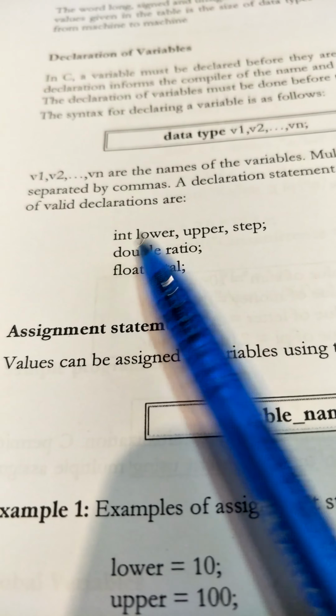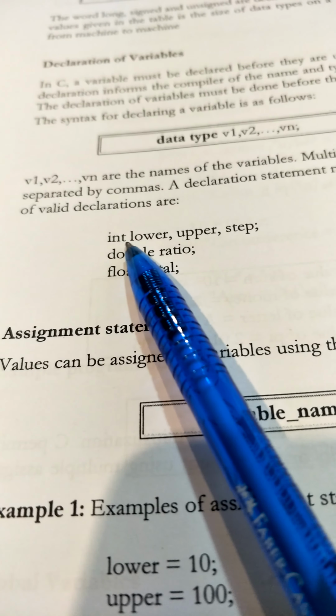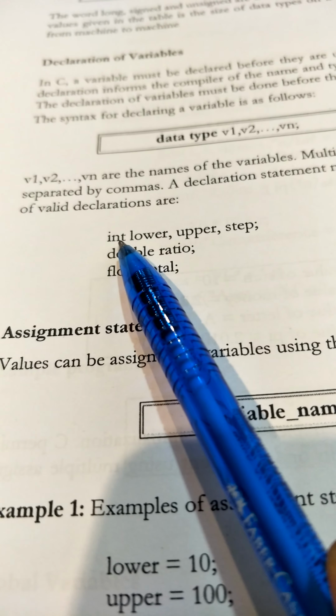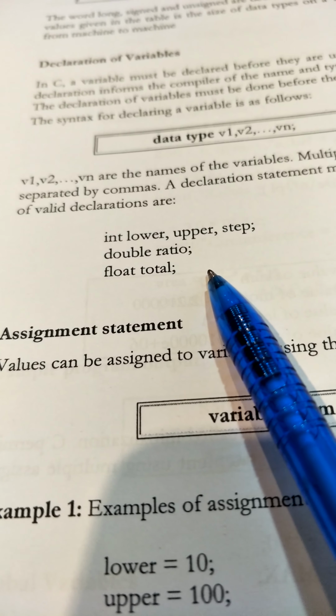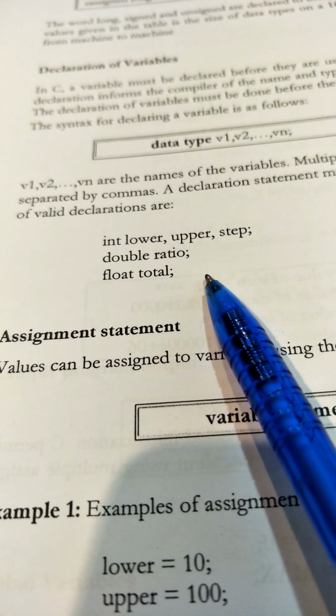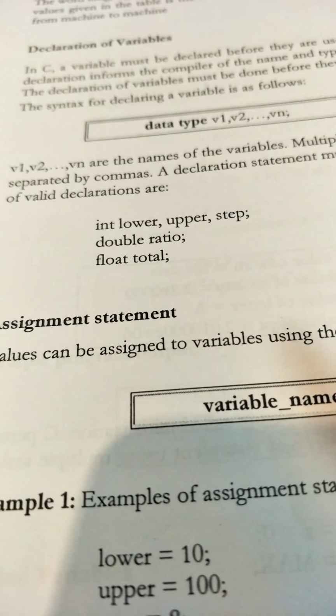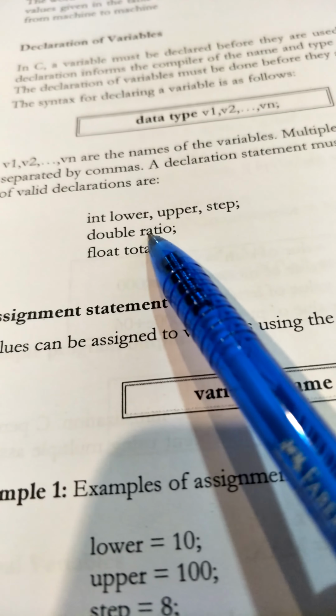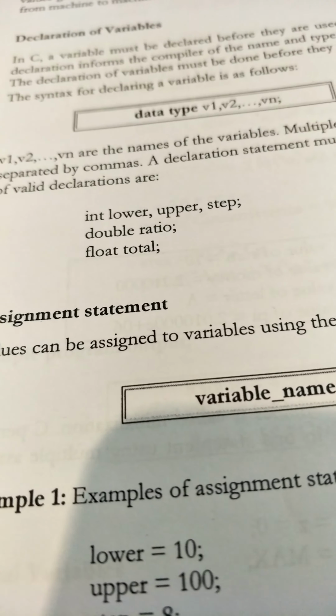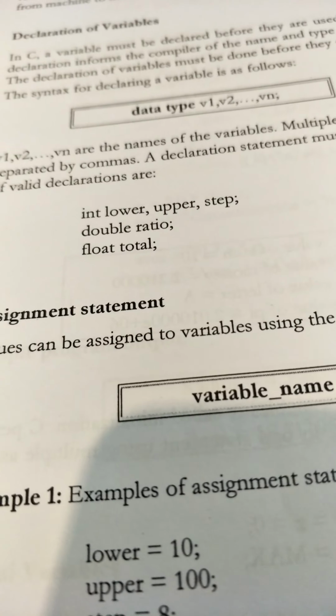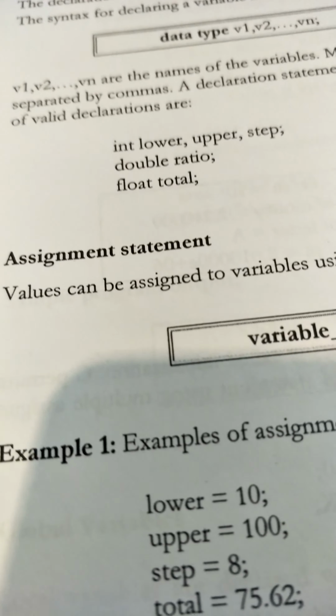Floats, total: in this case total is a real number. Lower, upper, and step are integer. Double means double precision, which goes to 14 digits. So ratio can take values up to 14 digits. It's a huge number actually.